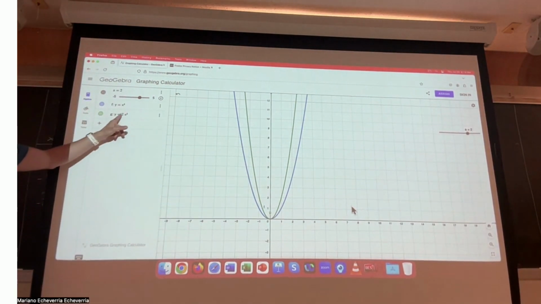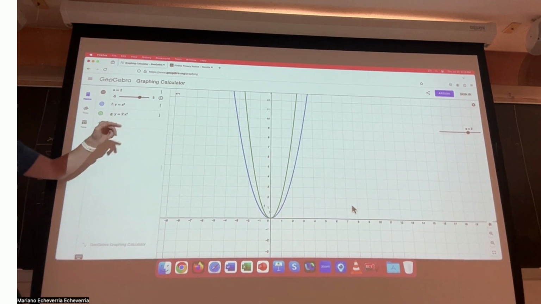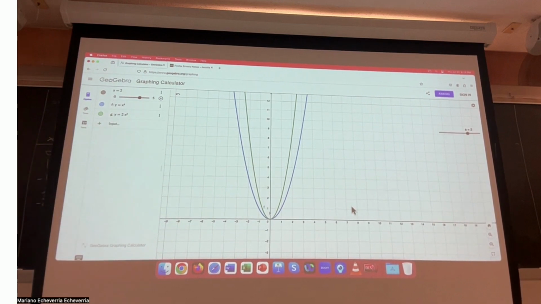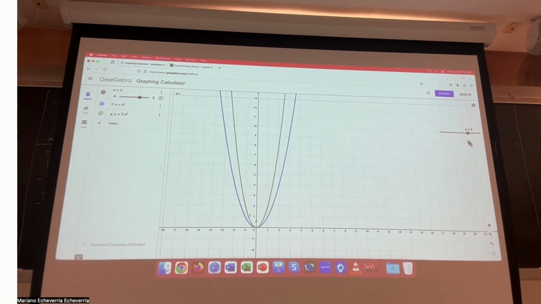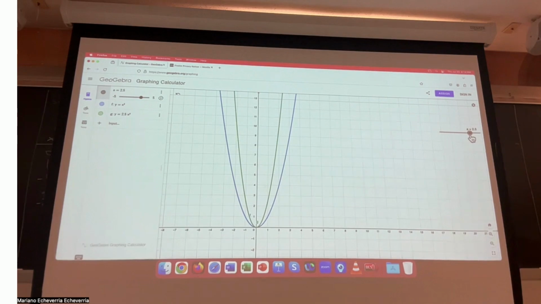Now what I'm going to increase is this number in front of x squared so that you can see the effect. If you start increasing the value of a, which is the number in front of x squared, what do you see occurring? This graph, which is called the parabola, gets closer and closer to the y-axis.